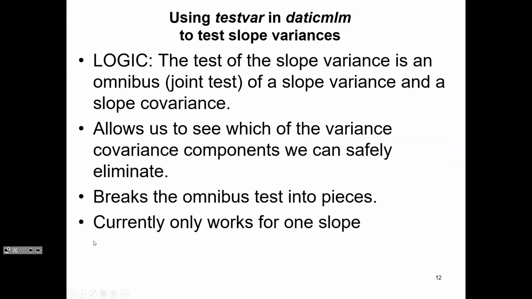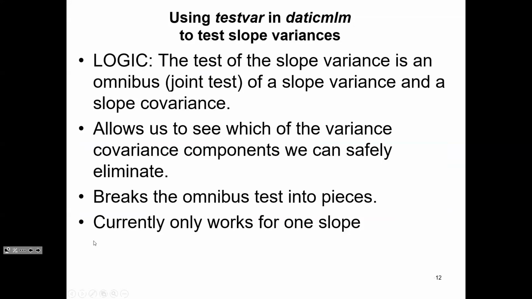And so I might want to break out and see if I could eliminate one of those two components, or at least be able to break out and see how much of the change in deviance is attributable to the covariance versus the change in deviance that's attributable to the variance, right?